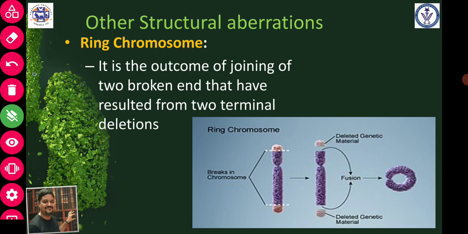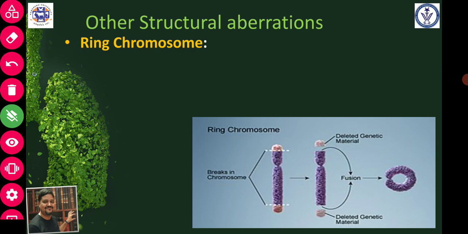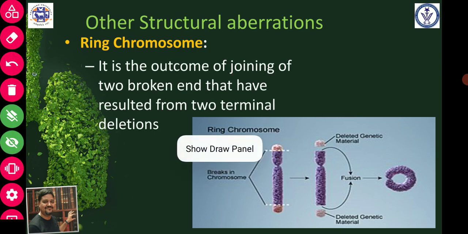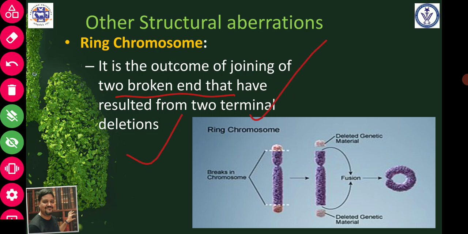They will not join to any other chromosome, but they join together within itself. So it is the outcome of joining of two broken ends that have resulted from two terminal deletions. So here you can see this is forming the ring chromosome.